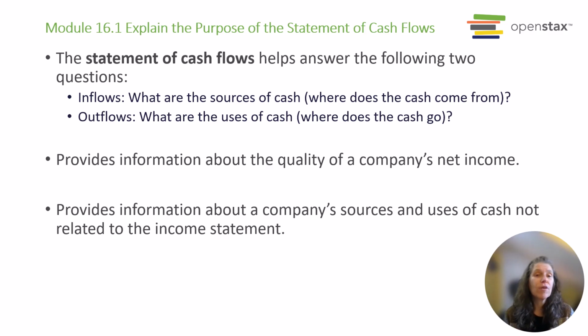The most important thing to think about here is that we're talking about actual cash. So the money, the change, the dollars, the checks coming in and out of a bank account. So it does differentiate and teach us something different than the more involved revenues and expenses.